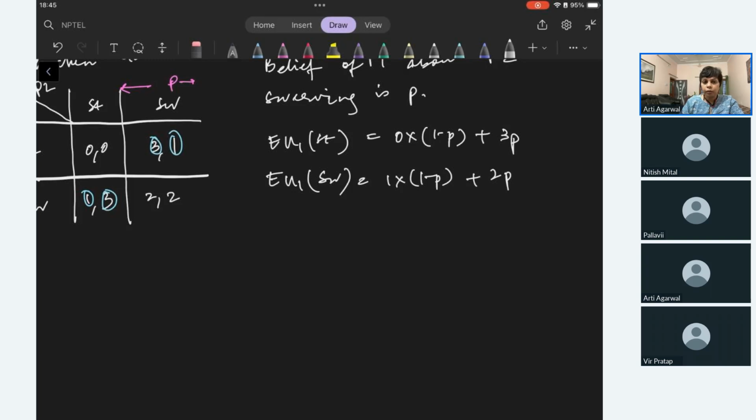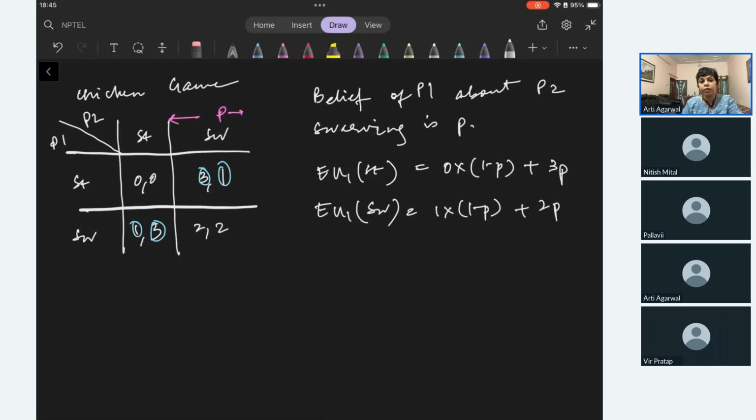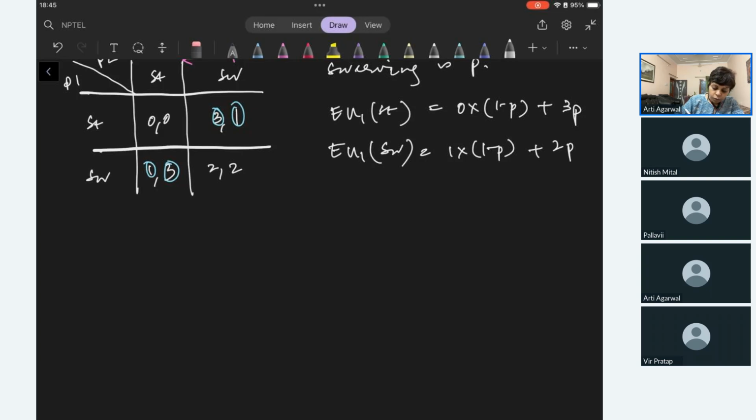So in the case of a mixed strategy, I'm indifferent between choosing straight and swerve. What does it mean that I'm indifferent? It means that the expected payoff from both the strategies is the same. So I'll do EU1 for straight is equal to EU1 for swerve, which is 3p is equal to 1 plus p, right? So this is p is equal to half.